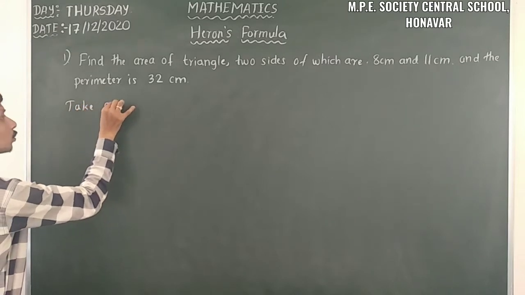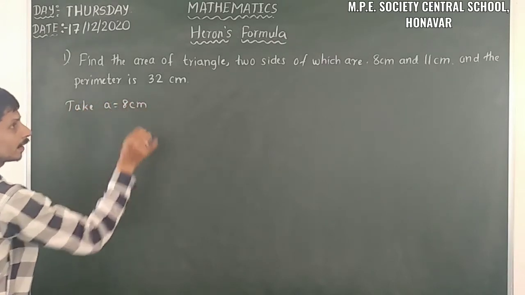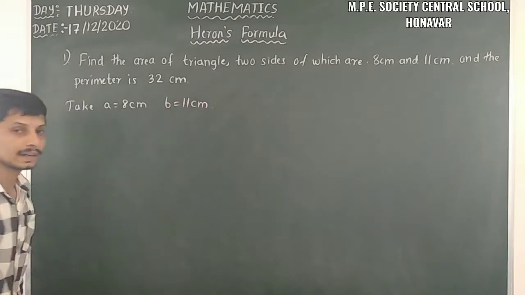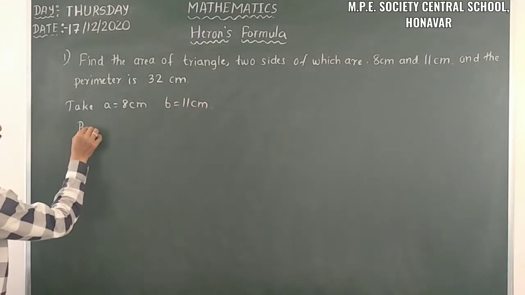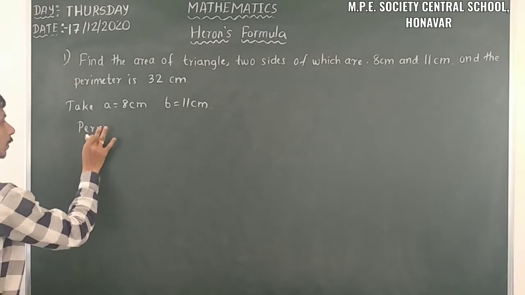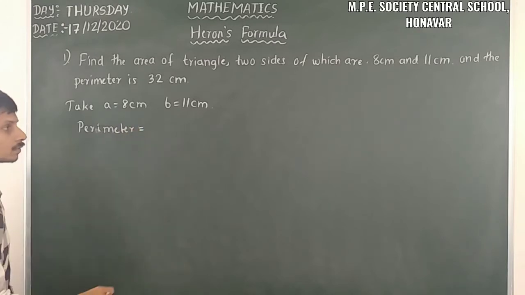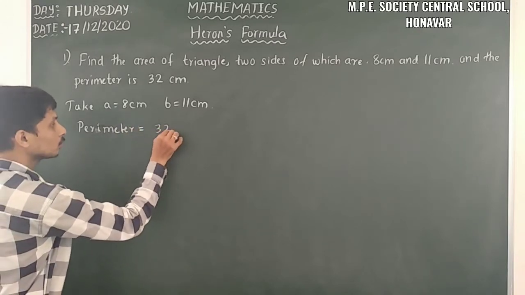Take A equal to 8 cm and B equal to 11 cm. It is given that the perimeter is equal to 32 centimeter.